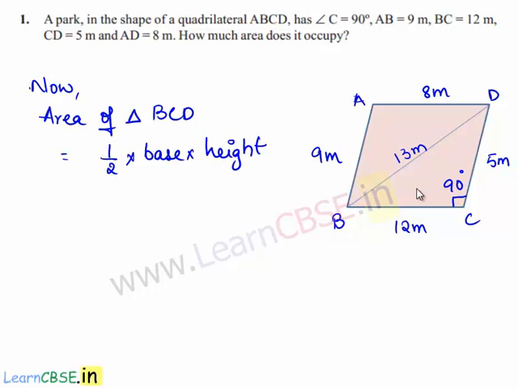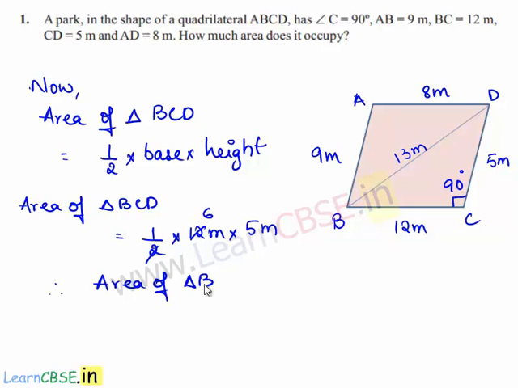Since triangle BCD is a right angle triangle, therefore area of triangle BCD is equal to half into base, which is 12 meters, into height, which is 5 meters. So 2 goes in 12 6 times. Area of triangle BCD is equal to 6 meters times 5 meters, which is 30 meters square.